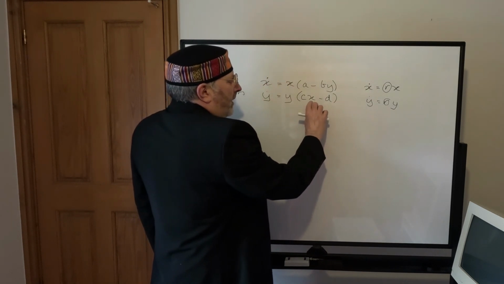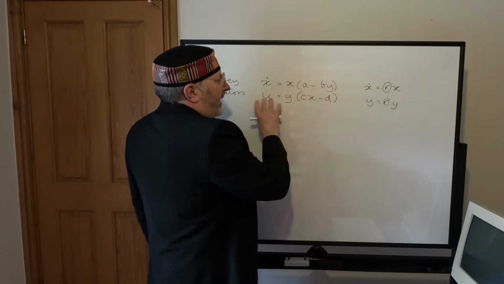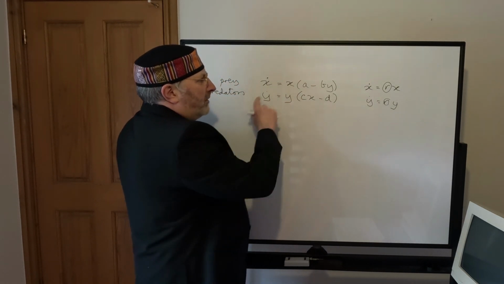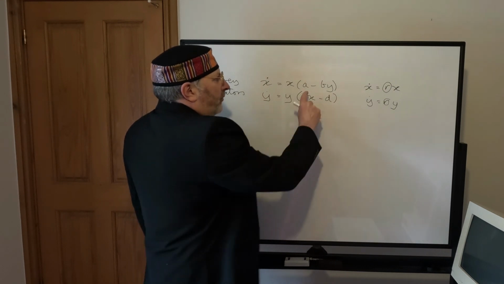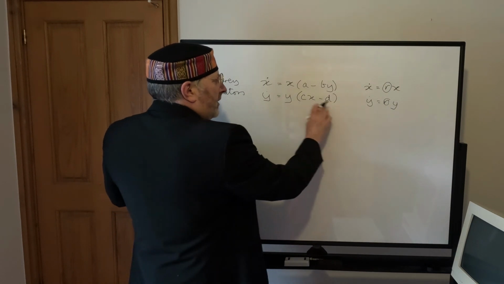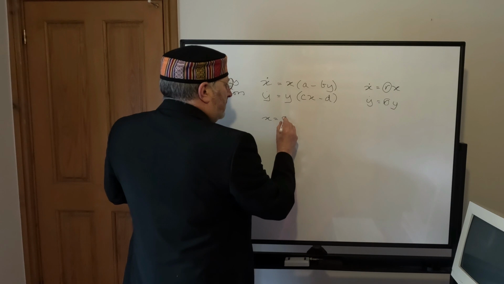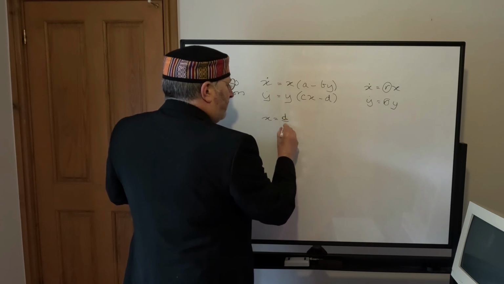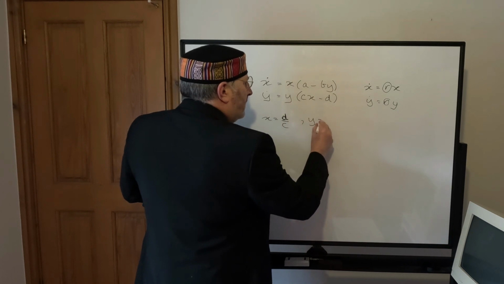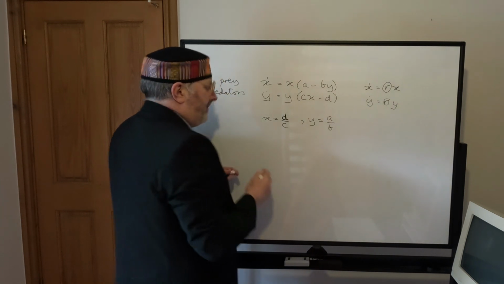And if Cx minus D is 0, then the predator population won't change. So that situation will occur if we have, from here, x equals d over c and y is equal to a over b.